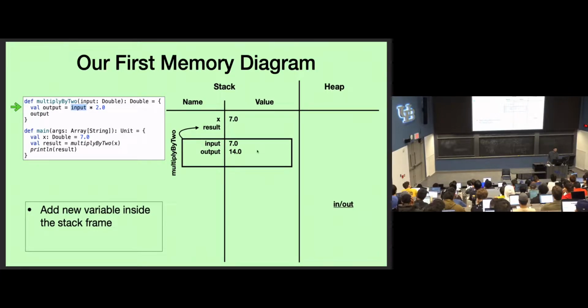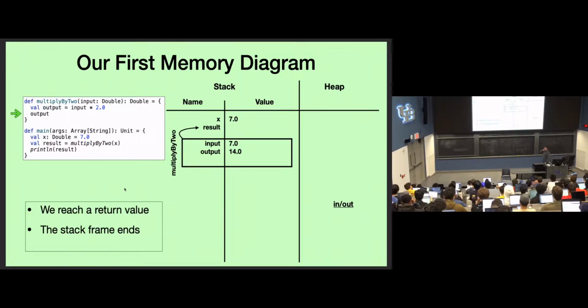It's going to look up input on the stack frame. Input is 7, so it's 7. I just saved a few steps. I don't really have to think too hard about what input is. It's 7 because it's right there in memory. Multiply 7 by 2, and of course I'm going to get 14 as the value of output.